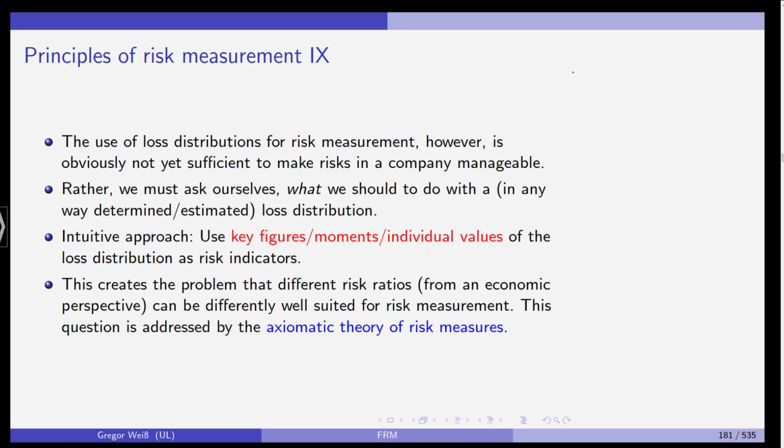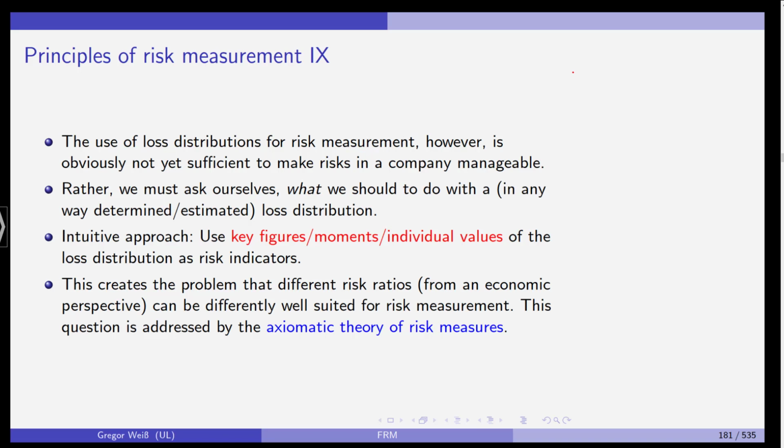It's not yet sufficient to use loss distributions. We still need metrics. We need key figures, moments, individual values, because the distribution itself only gives us an idea of what the whole situation looks like, but we need to boil it down to some key moments.